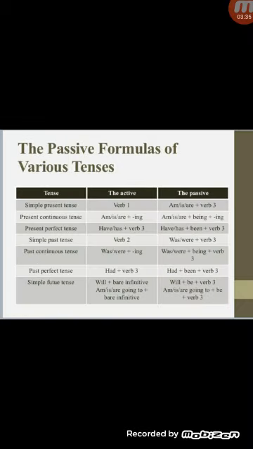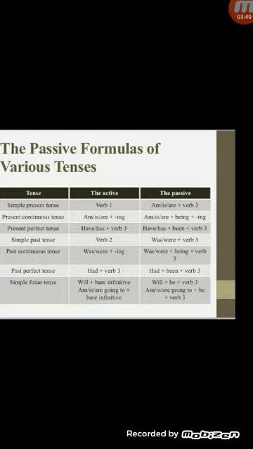Next, the passive formula of various tenses. You can see it for yourself and see the difference between active and passive.